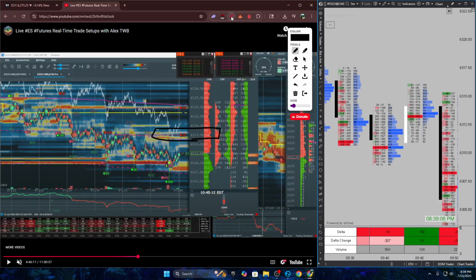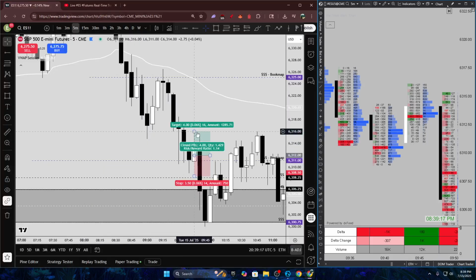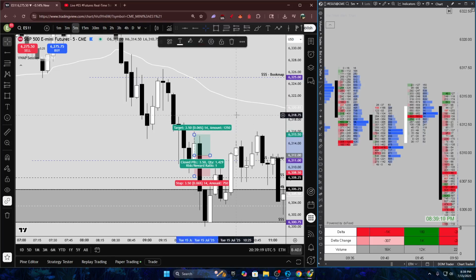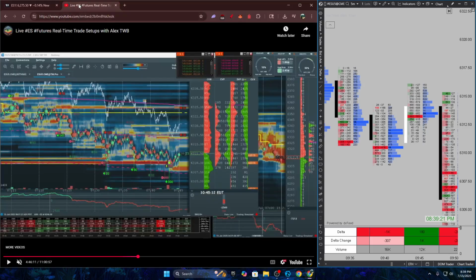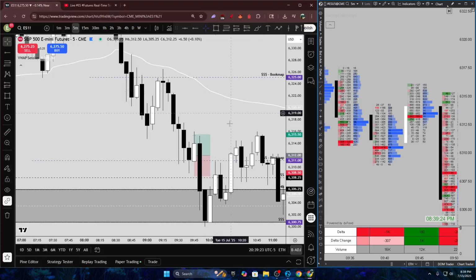6317.5 or 6316, that entire region where we're starting to see passive liquidity, I would say right there. So a safe estimate would be 6316, maybe a bit below. Maybe 6315.5. Nah, it would be 6316.